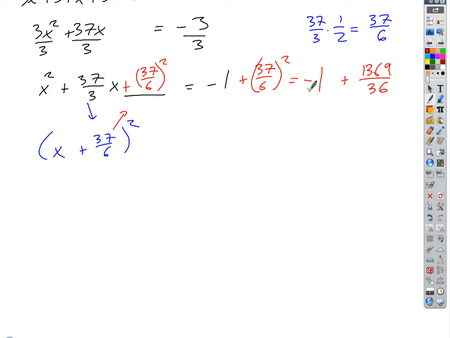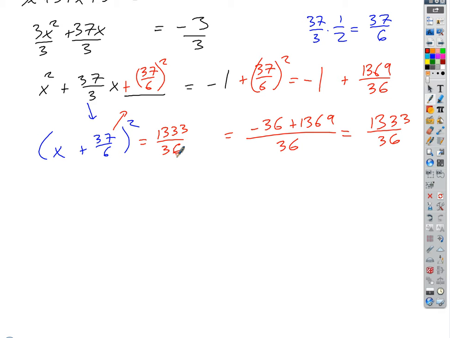I'll multiply -1 times 36 over 36, so we just get -36 plus 1369 over the common denominator 36, which is something horrible. That's going to be 1,333 divided by 36. So that's what I get on this other side. And I don't think that's going to reduce. Okay, so that's our answer.